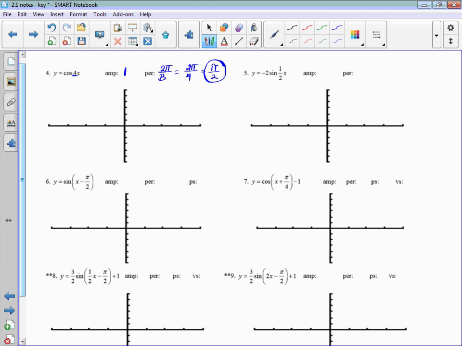Guys, don't write the next part that I'm doing. What this is telling you is that you would see 4 complete cycles of the graph by the time you got to 2 pi. So your graph would look something like, again, don't write this down.